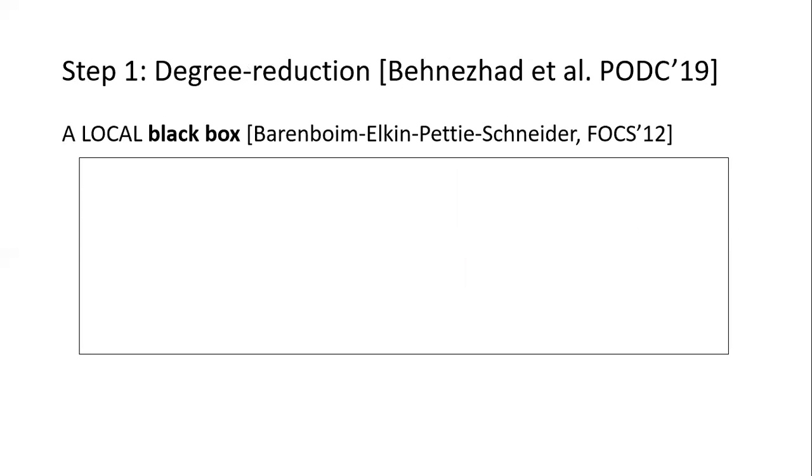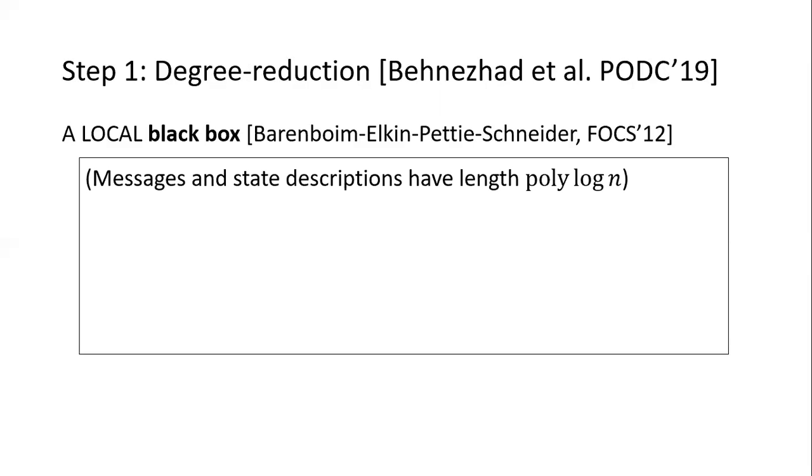Now let's look at the first step, the degree reduction. It uses a local algorithm by Barenboim and others as a black box. In this local algorithm, the messages and state descriptions have length polylog-n bits, so we can simulate it in MPC with small memory.